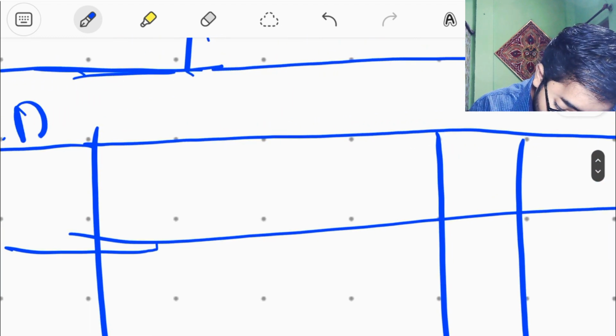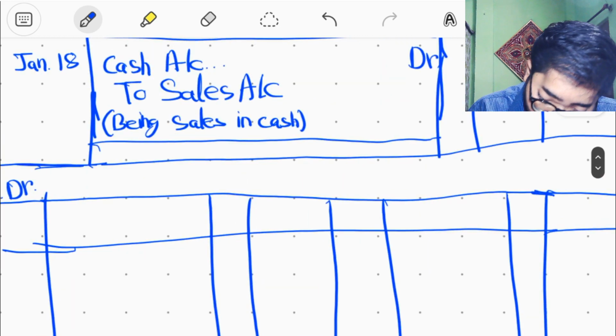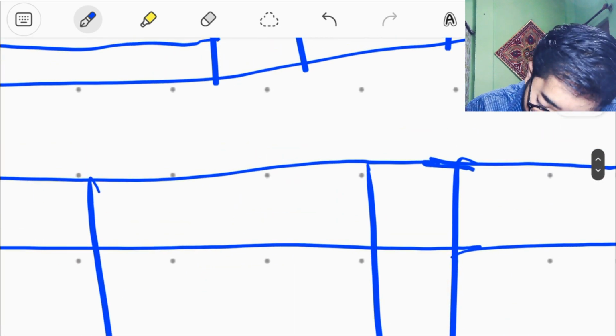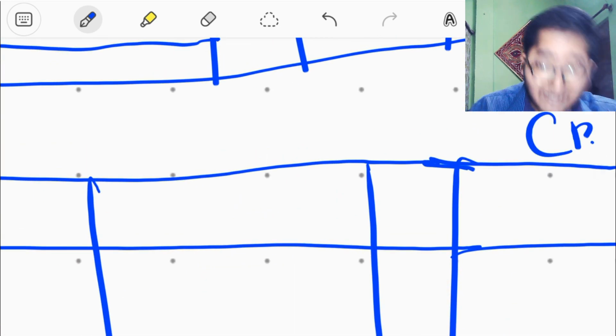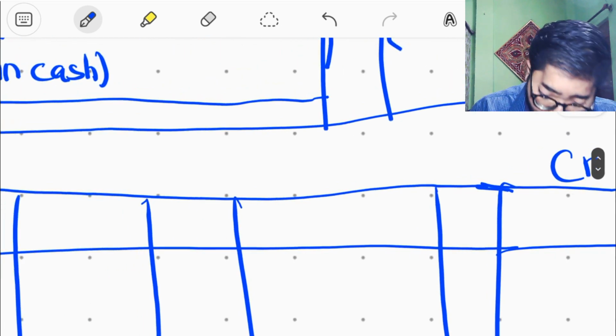So this is the debit side, this is the credit side. And for your information, this writing of debit and credit is very important.